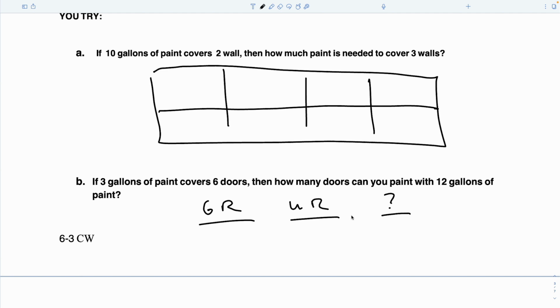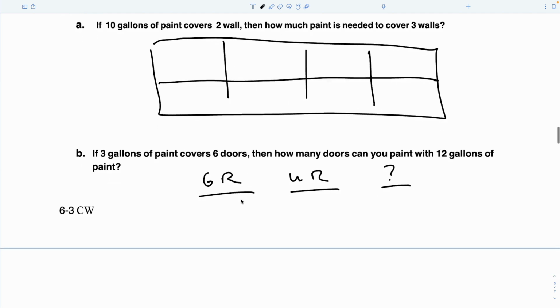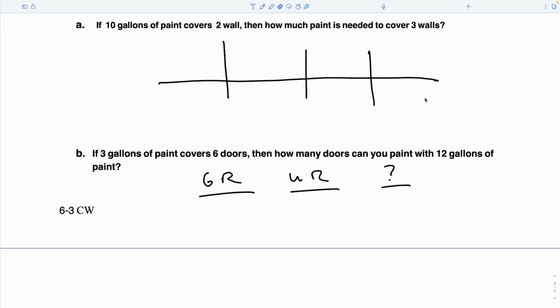The GRUR question is an okay setup, but I want you to have this set up for at least A. So if you're writing GRUR, I need at least the line like this. That's fine. I just want to make sure the units are here.